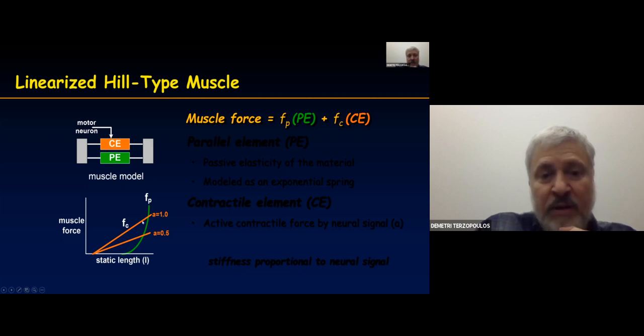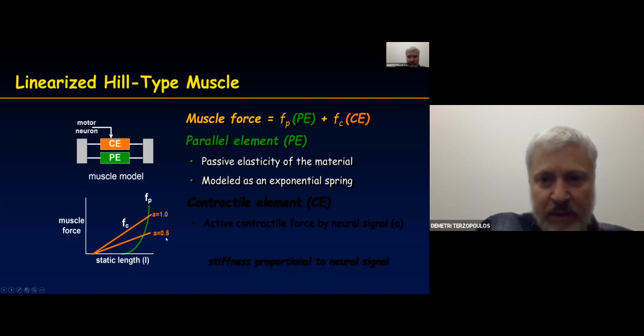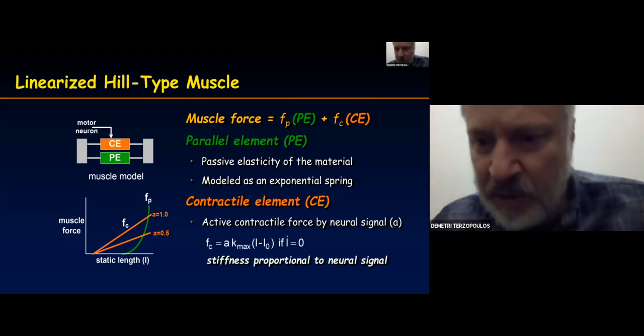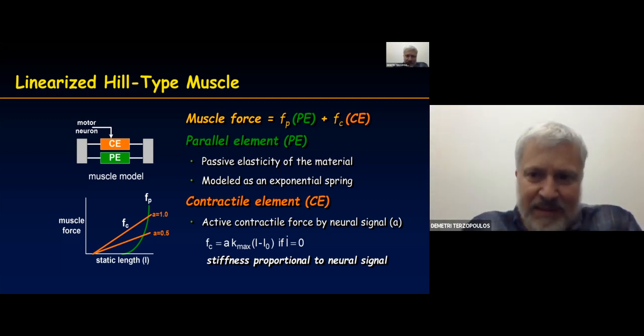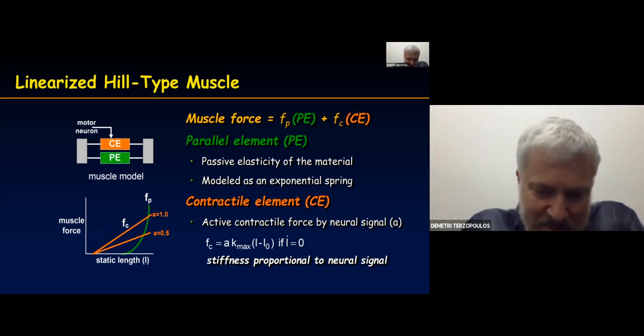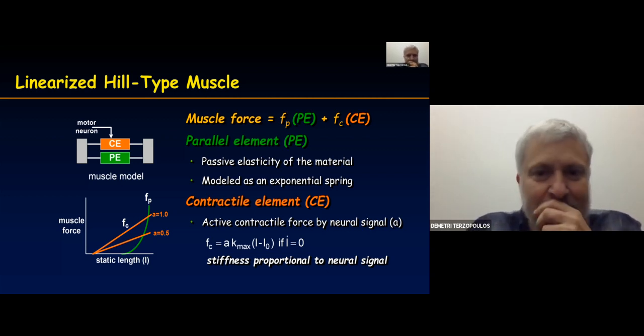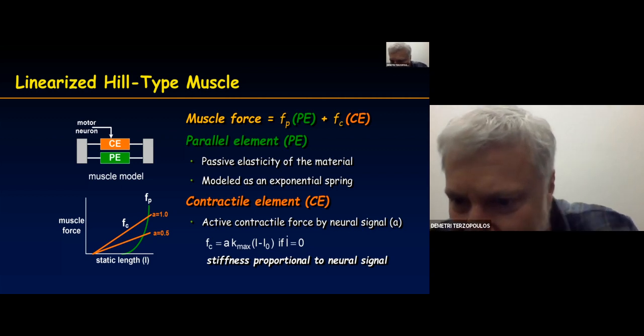So high activation means high stiffness, high slope, and lower activation means lower stiffness and lower slope. These two parts add up together as before, and you get the total force. Here you can see some equations of that, but hopefully it is intuitively meaningful in terms of the words that I'm using. If you have any questions, please try to, yeah.